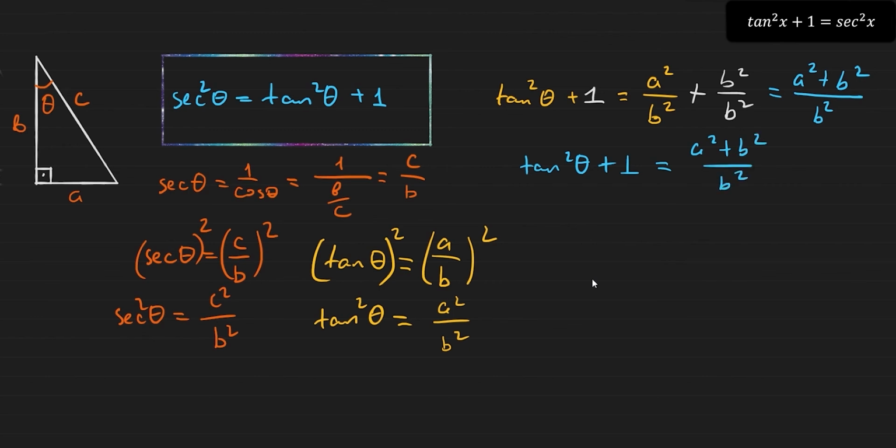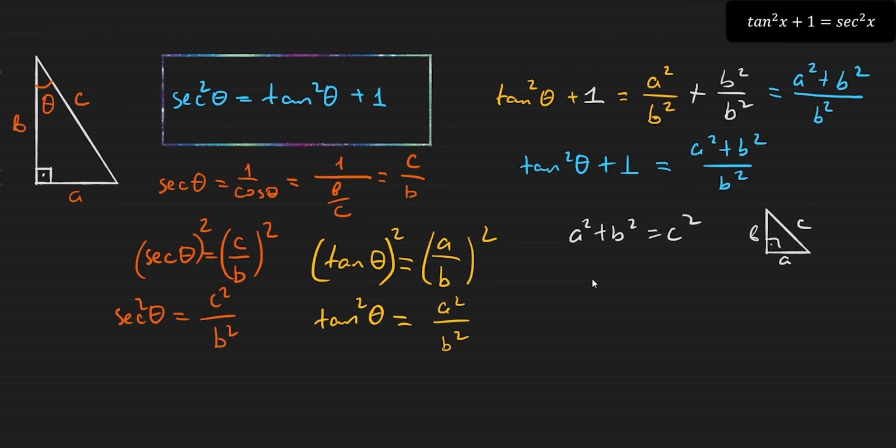And thanks to the Pythagorean theorem, we know that for any right triangle, A squared plus B squared equals C squared, where this is A, this is B, this is C, and this is 90 degrees.